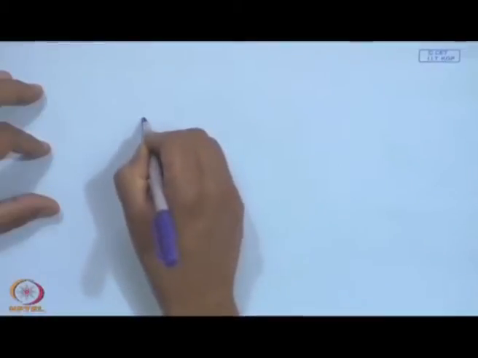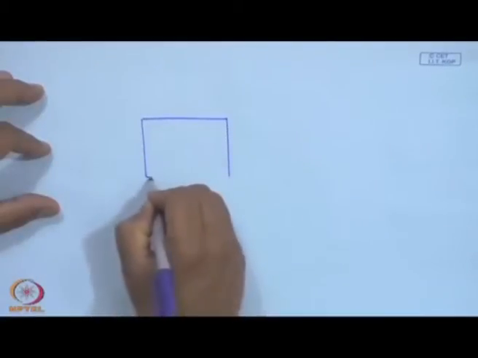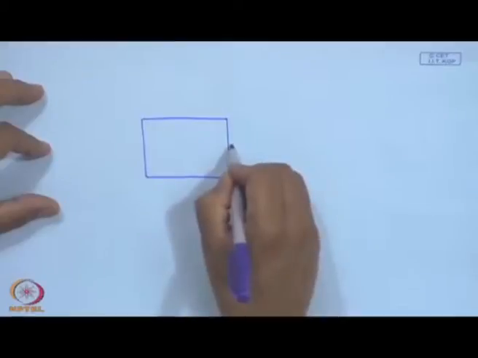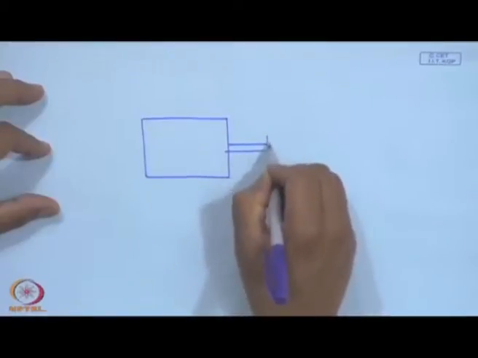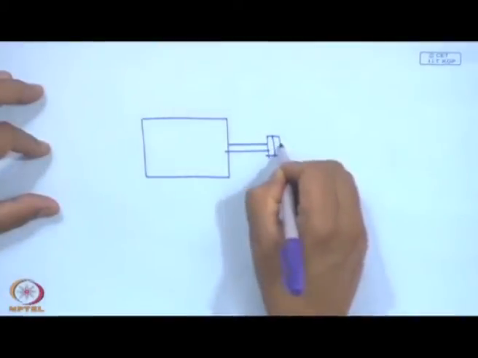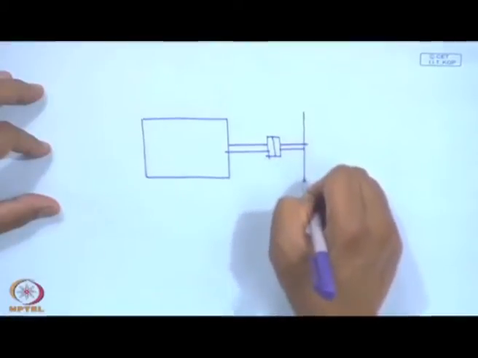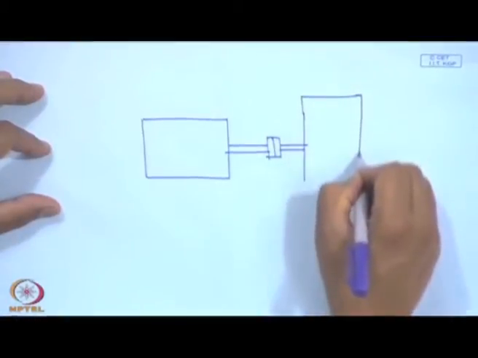If I were to talk about misalignment, essentially in any plant, as you know, we have two systems. One is the prime mover and the other is the mechanical unit or the driven unit.